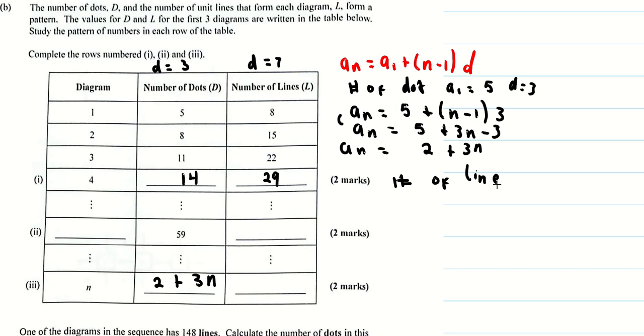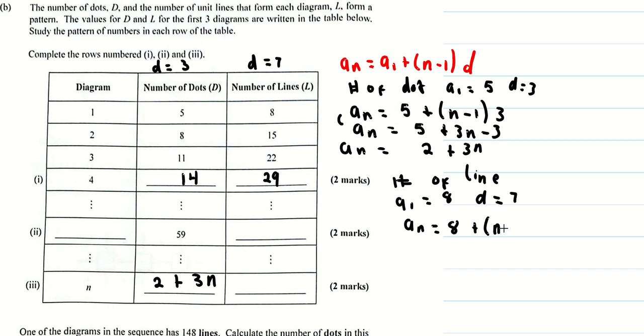Now, for number of lines, we have a1 being your first term in your sequence, which is 8, and d being your common difference, which is 7. Alright, and you're going to put it into the formula that we know, the red one that we have here. So an, which is your nth term we're looking at, is equal to your first term, which is 8, plus n minus 1.